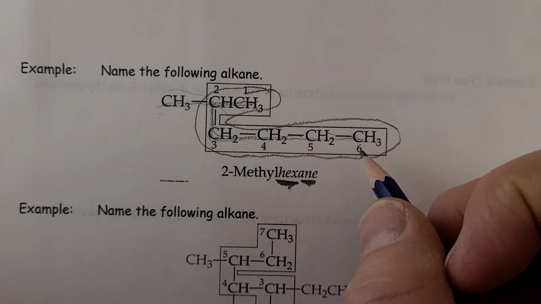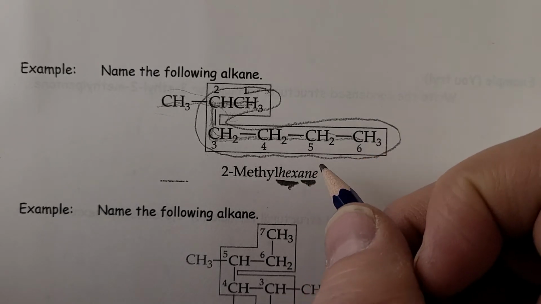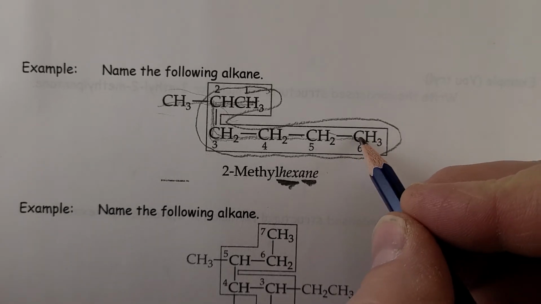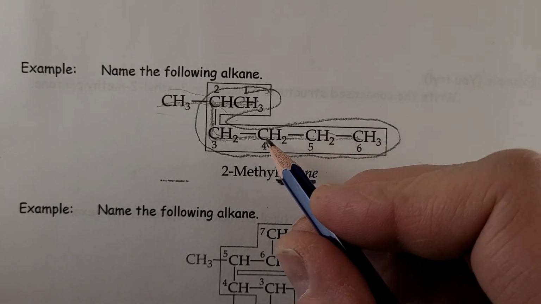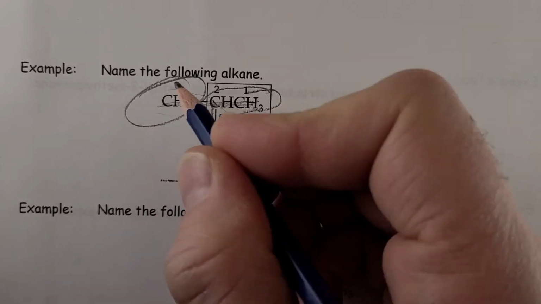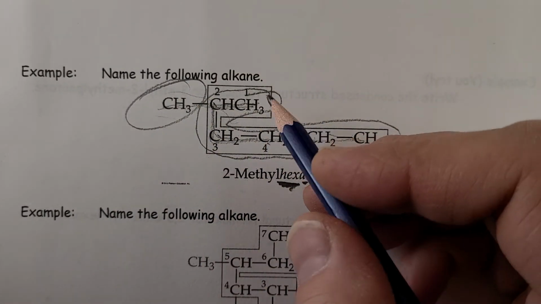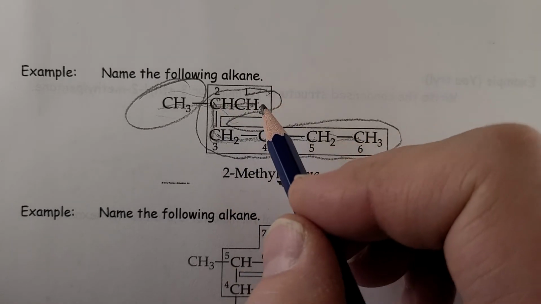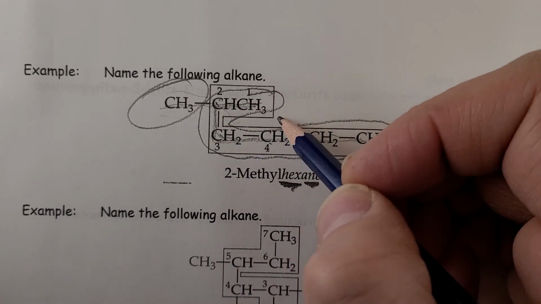And then I'm going to number it. Remember, I number it in such a way that I get to the first attachment the quickest. So if I had numbered it this way, 1, 2, 3, 4, 5, and there's my attachment, versus 1, 2, and there's my attachment. I want to get to my attachment the quickest way.